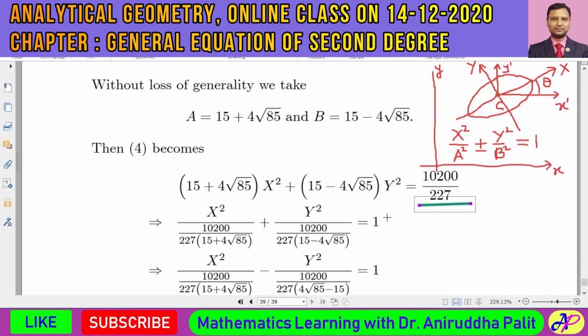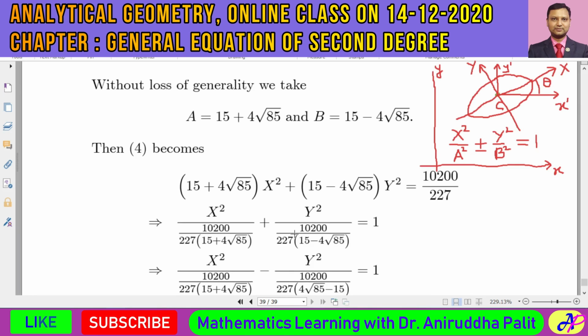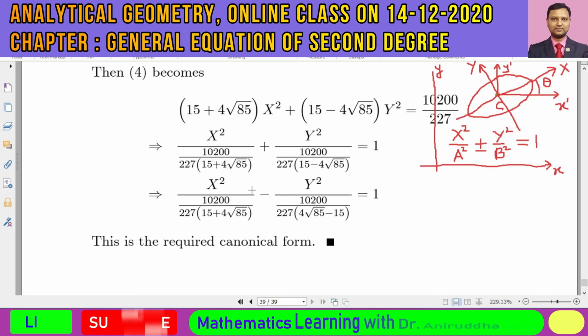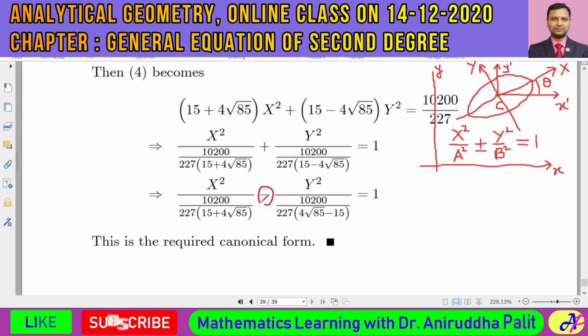Now it is a matter of computation. We divide the entire expression by the right hand side and convert this expression into this kind of standard form. You see over here I have taken this negative sign. Why negative sign? Because we already know that it represents a hyperbola.